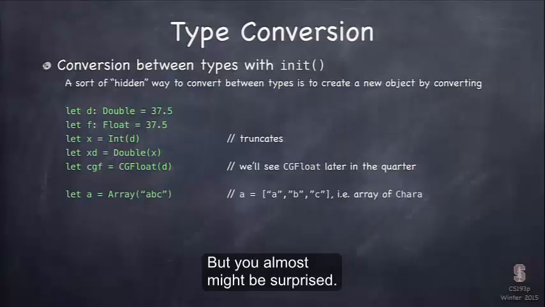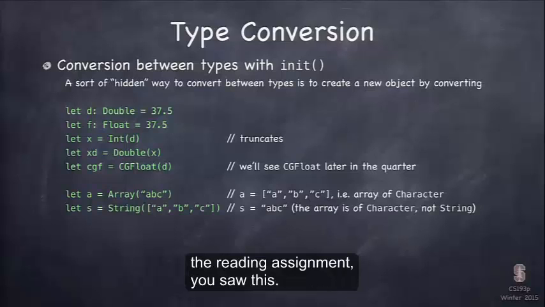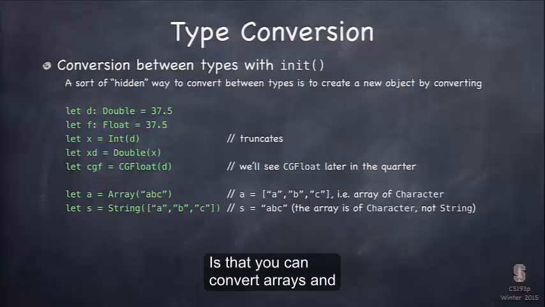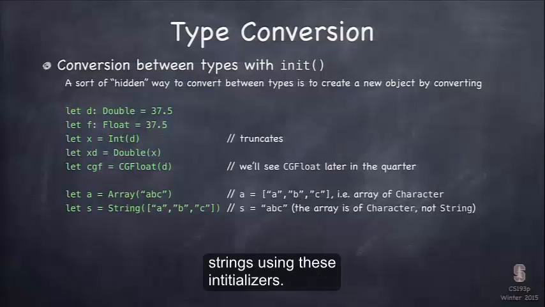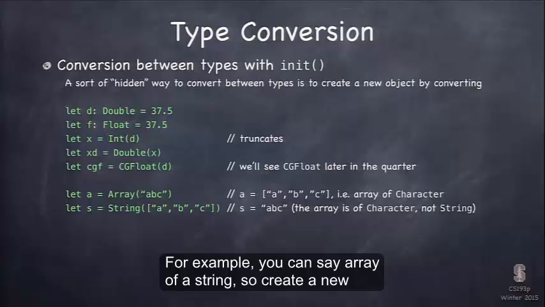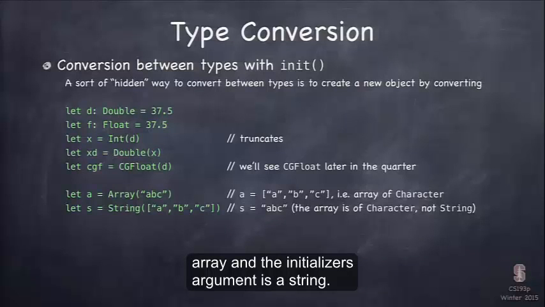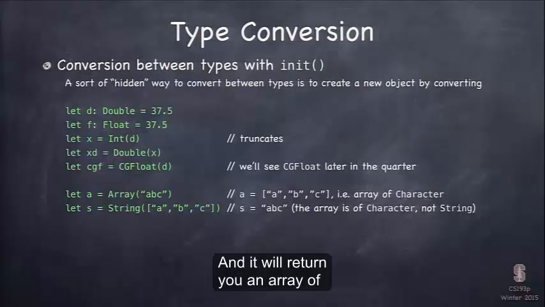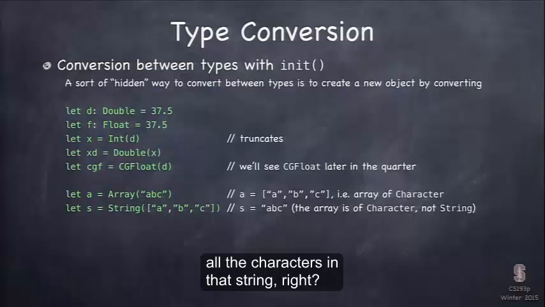Okay, so the numbers. But you also might be surprised, actually if you read the homework carefully, or the reading assignment, you saw this, that you can convert arrays and strings using these initializers. For example, you can say Array of a string, so create a new array, and the initializer's argument is a string, and it will return you an array of all the characters in that string, right? Unicode characters.